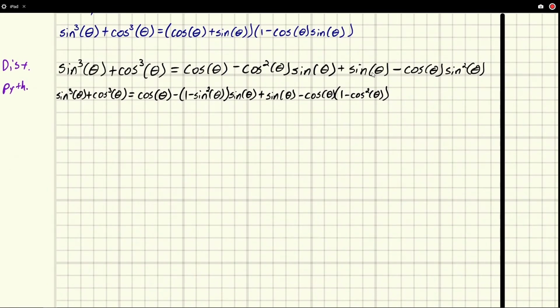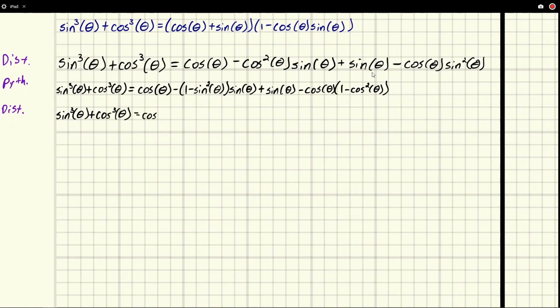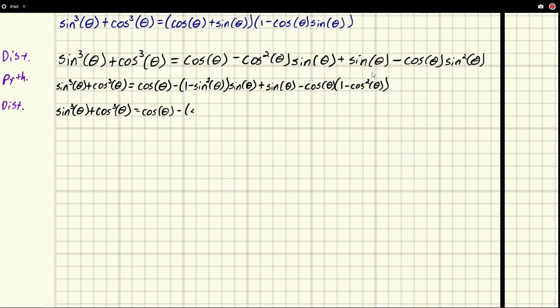Up next, we're going to distribute. We're going to wind up with sine cubed theta plus cosine cubed theta is equal to cosine theta minus, and this is going to become sine theta and minus sine cubed theta.